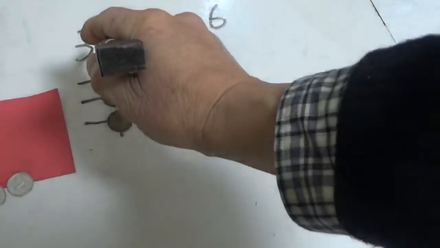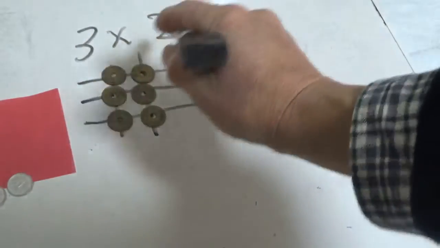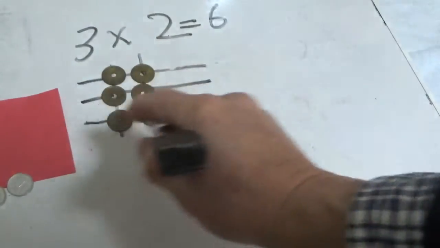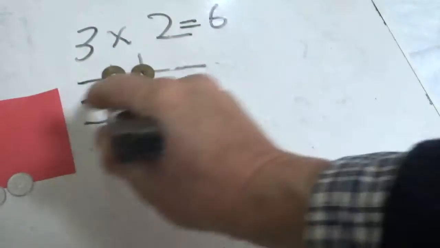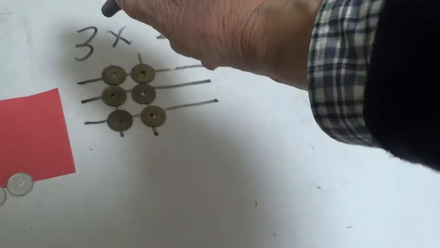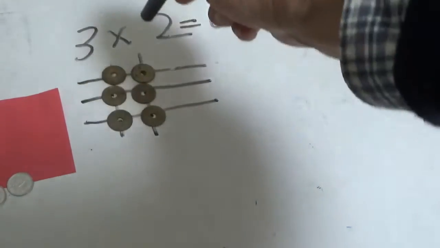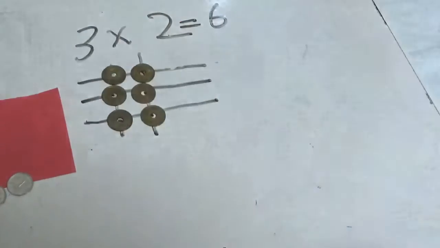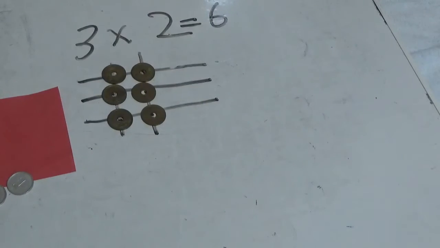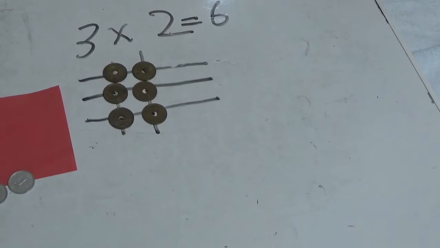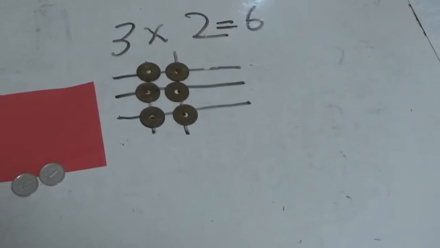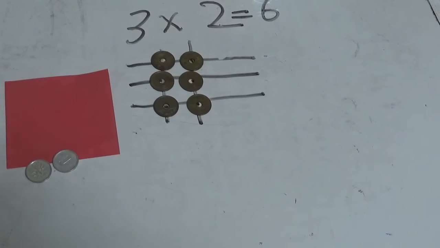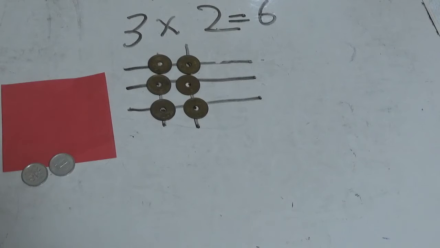So 3 multiplied by 2 is the number of points drawing 3 lines horizontally and 2 vertical lines, and count the crossing points. That is the Indian method of calculating multiplication.